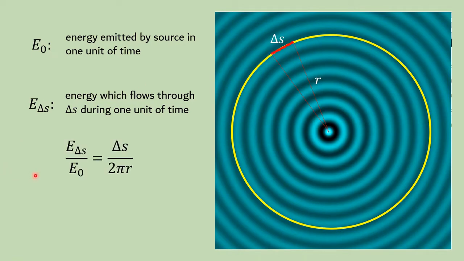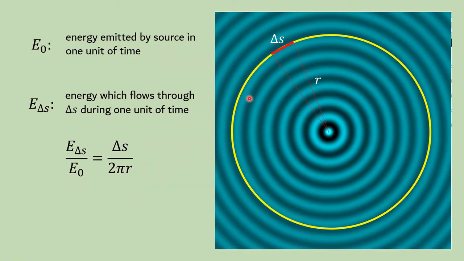And here's a very reasonable statement of proportionality that you should think about. Would you agree that the energy which passes through this little arc length compared to the total energy on that wavefront should be the same as the ratio of this arc length to the circumference of the circle? What could be more intuitive than that, right?